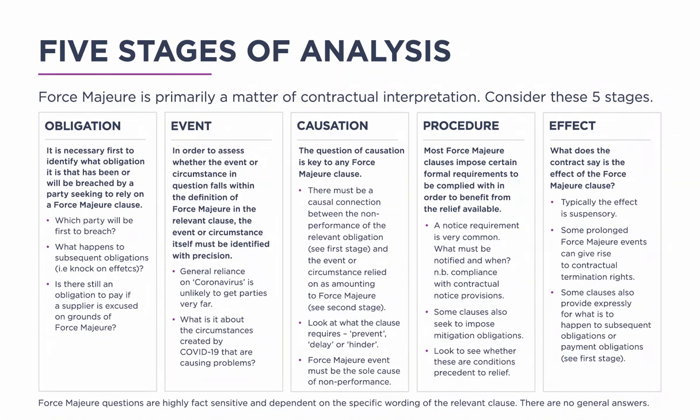Well, frustration may be able to come to your rescue there because it bites not only when performance of the obligation is actually impossible, but also where the obligation is rendered in some fundamental respect different from what was originally envisaged as a result of circumstances that were unforeseen by the parties. So you can see how in that scenario frustration may be a broader remedy, albeit one with particularly draconian consequences. So it's always worth just keeping the possibility of frustration in mind when approaching one of these problems.